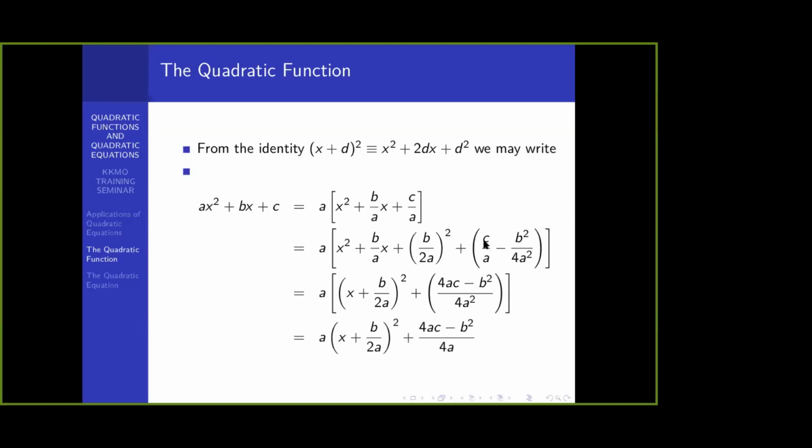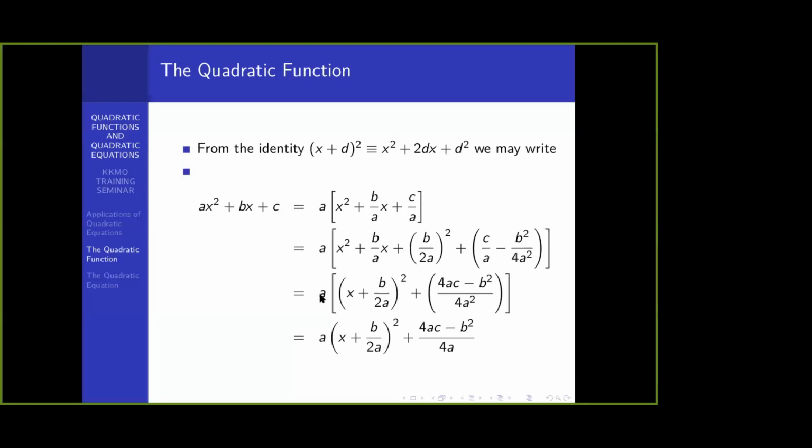We group c over a with minus b squared over 4a squared on one end, and then the rest of it is on the left-hand end. So this part, after completing the square, will be a perfect square, which is x plus b over 2a squared. And when you put the other part under the common denominator, 4a squared, you end up with this expression.